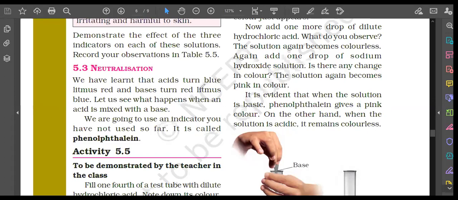So, neutralization. Just think about your litmus paper, when you talk about acid or when you talk about base. When you take your blue litmus and dip it into acid, what will happen? Tell me.